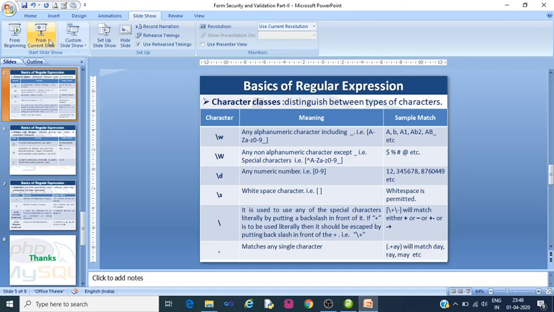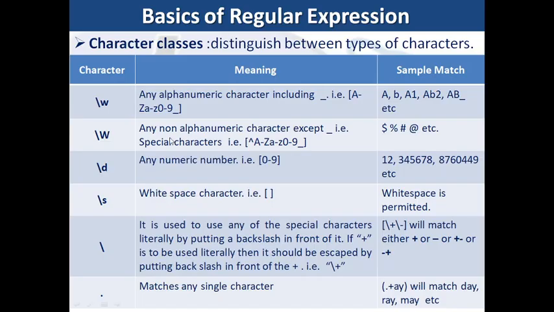Get back to our presentation. \s represents a white space character, that is a single white space character, not double. So we will see how we can impose single or double white space character, but right now we will see only a single space character.